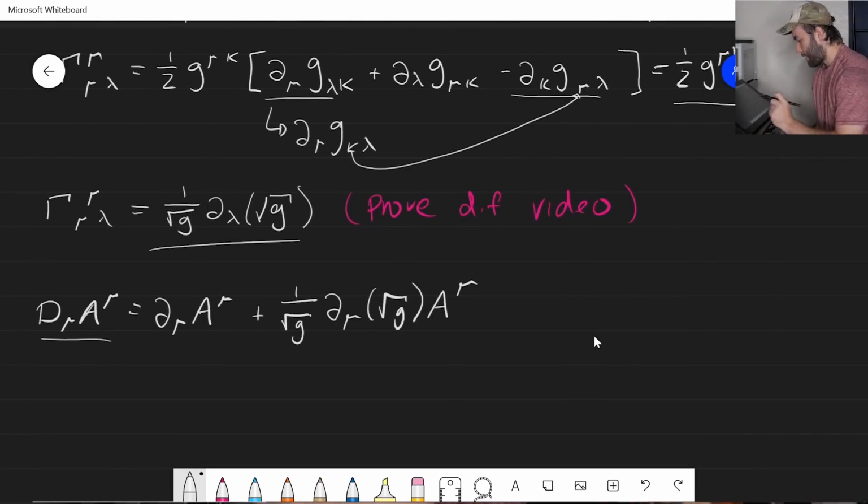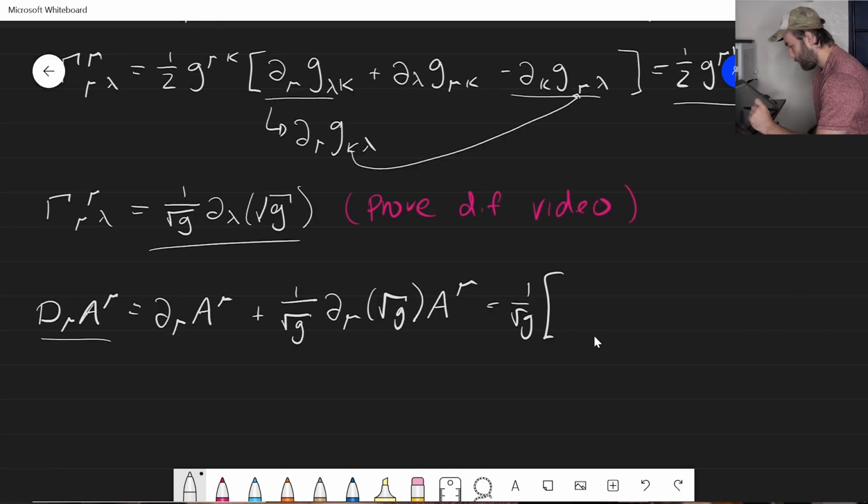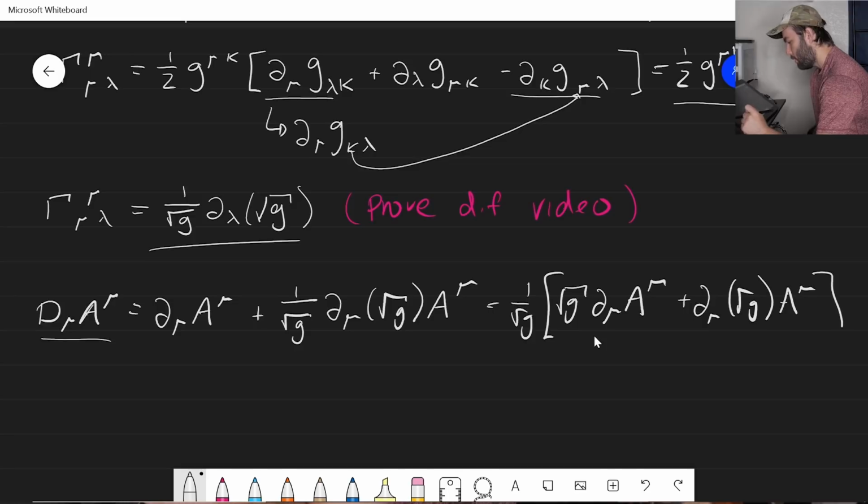Well, if I factor out this 1 over root g, this would be root g d mu a mu plus d mu acting on just root g a mu. We can combine these terms with the product rule.